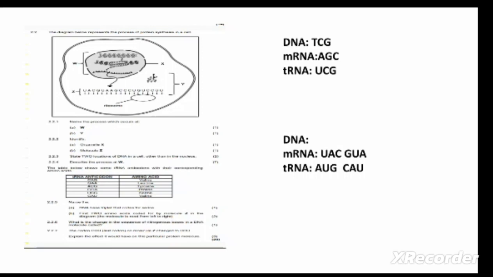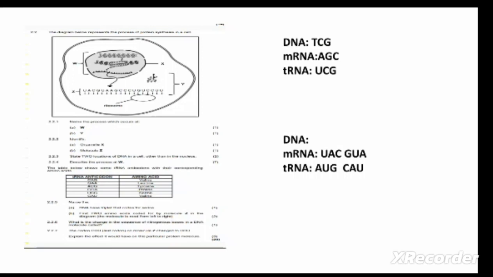U pairs with A, A pairs with U, C pairs with G, G pairs with C, U pairs with A, A pairs with U. Let's look for AUG. AUG is tyrosine, that is the first amino acid. And then CAU, let's look for CAU, that is valine, that is the second amino acid.